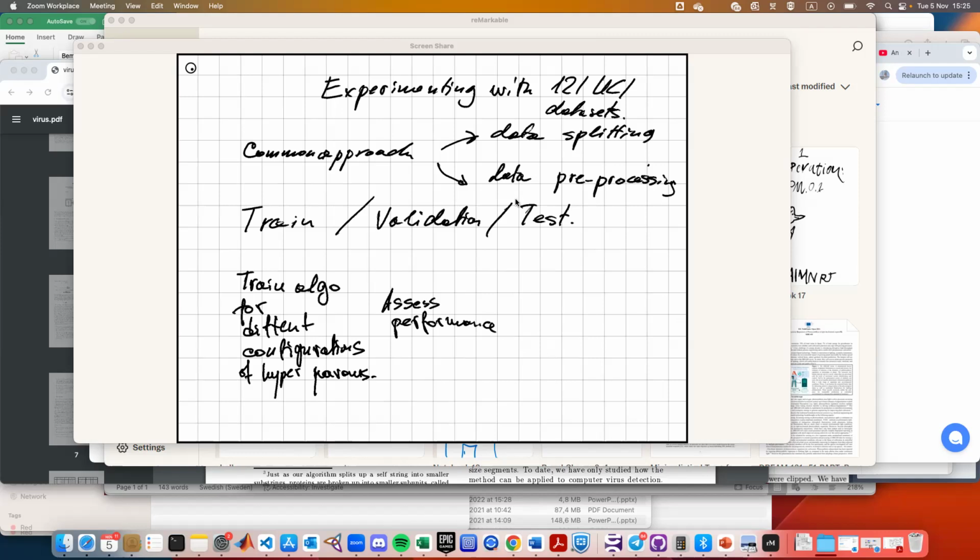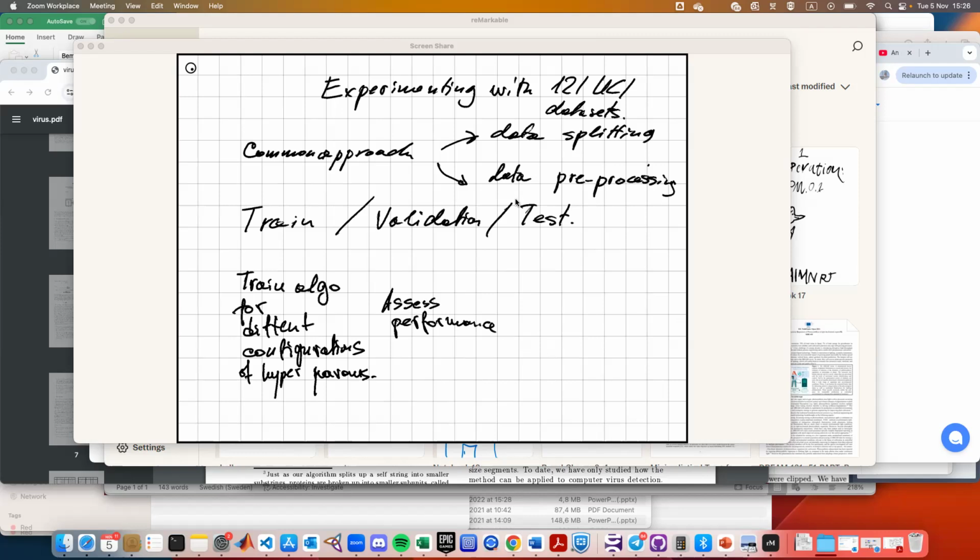Yes. What do you do then? Retrain, yeah. You train and retrain, and finally you select the configuration which performed best on the validation set.